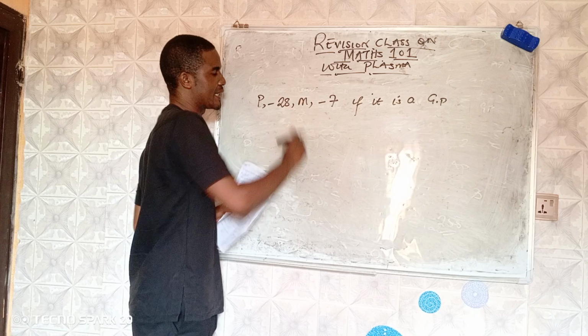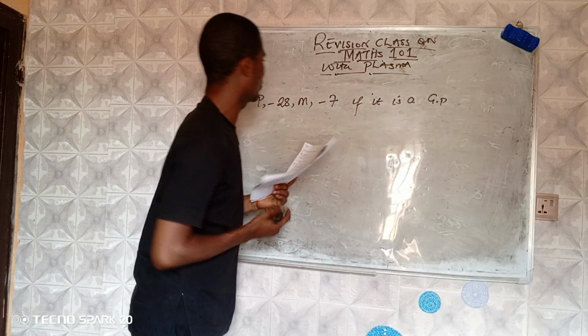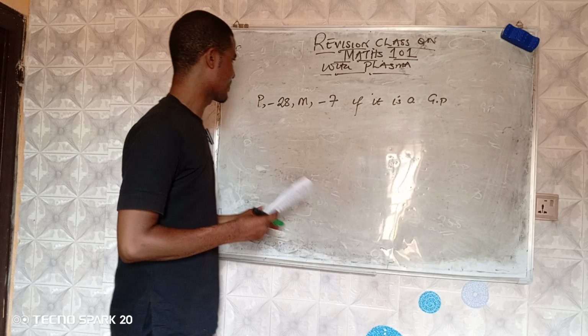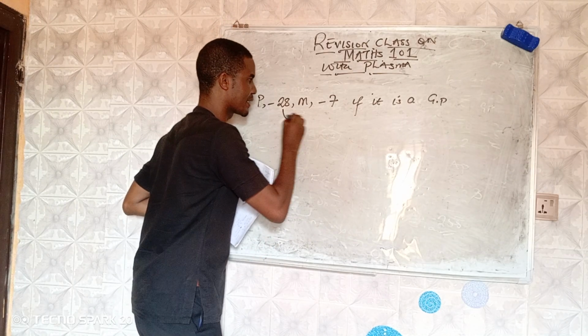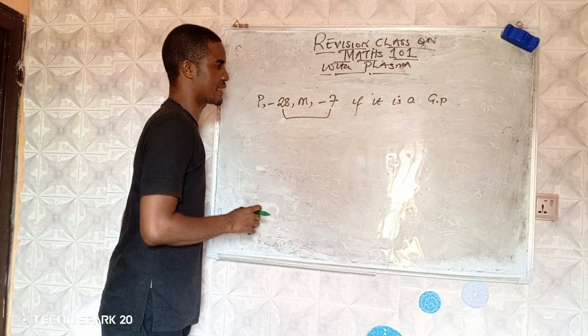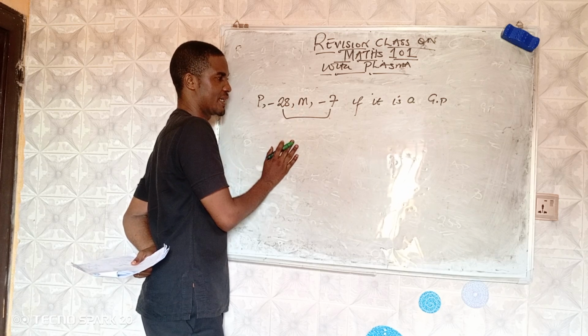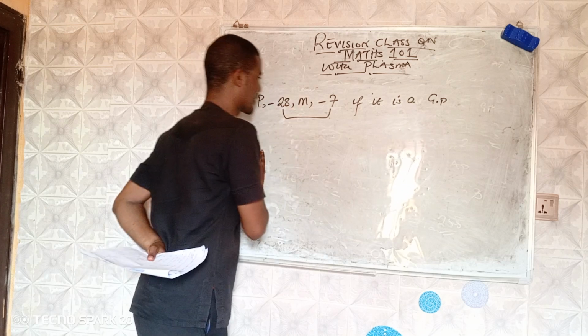What's the value of P and M? Okay, so if you watch, we can use geometric mean, because I can pick 3 numbers that have a center missing. So I can use geometric mean here. Let me start with that geometric mean.